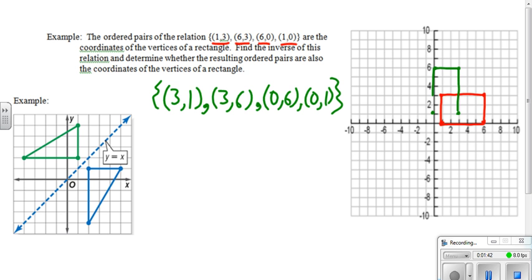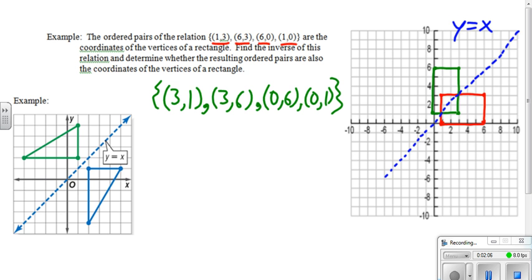So notice how it maintains the rectangular box that it was. But what happened to it? Well, it got flipped over this line here. We'll start right here and draw out our line. Something special about this line is that it's the identity, y equals x.